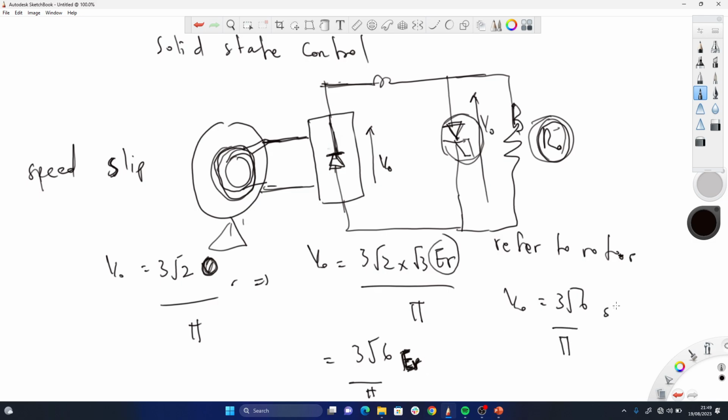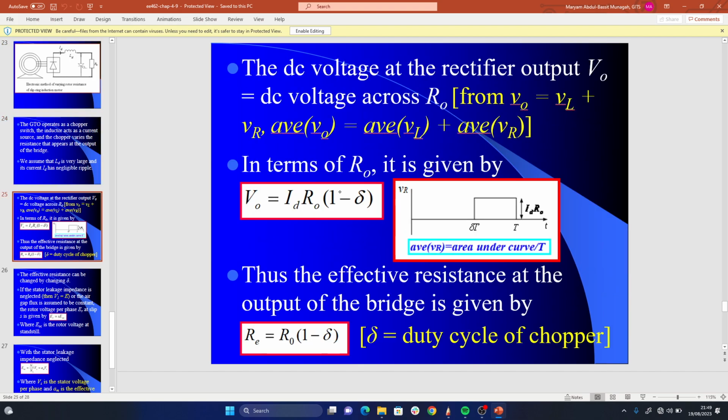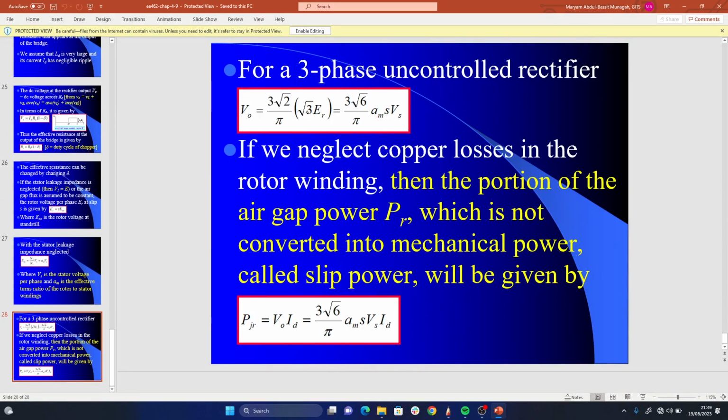ER is S EOC. ER becomes S EOC times what? AM, where AM is the turns ratio of the stator over the turns ratio of the rotor.